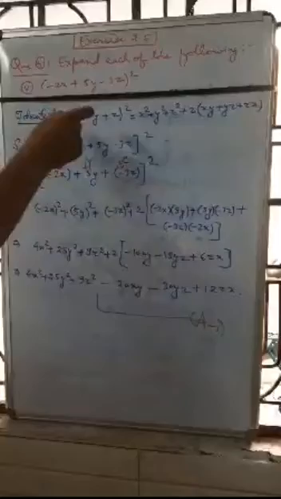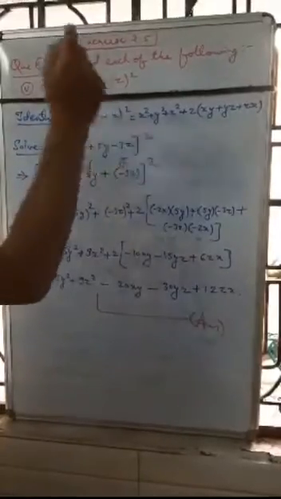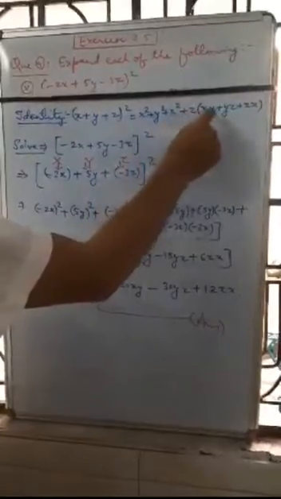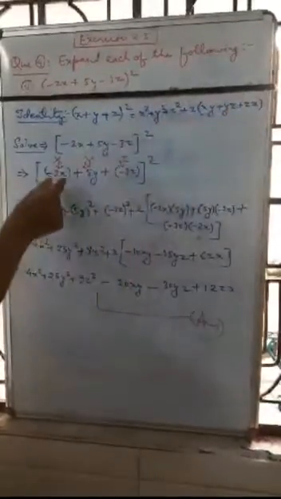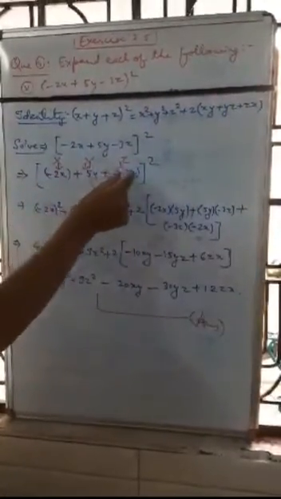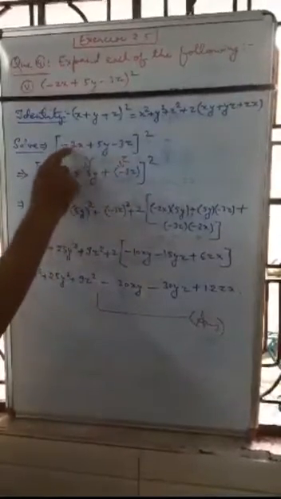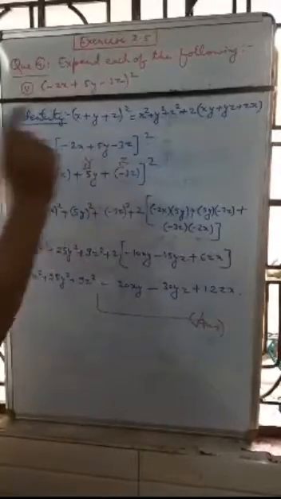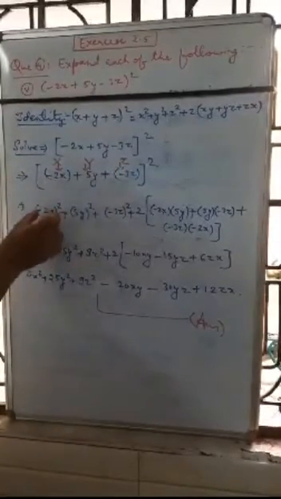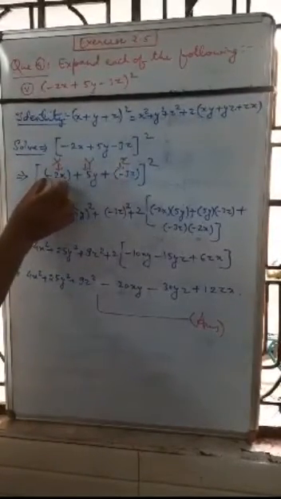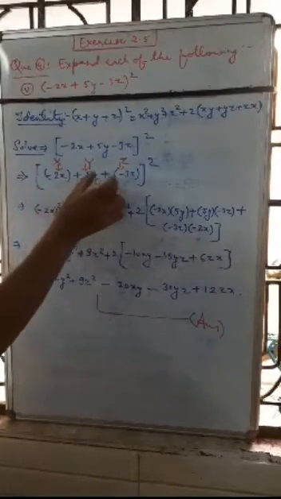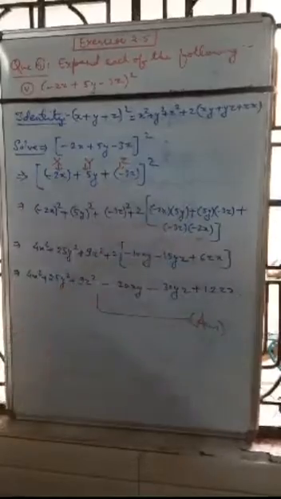So we used x plus y plus z whole square equal to x square plus y square plus z square plus 2xy plus yz plus zx. Because there is a multiple coefficient, coefficient of x is 2, coefficient of y is 5, and coefficient of z is 3, we have to assume it whole inside the bracket as x, y, and z to solve the problem.